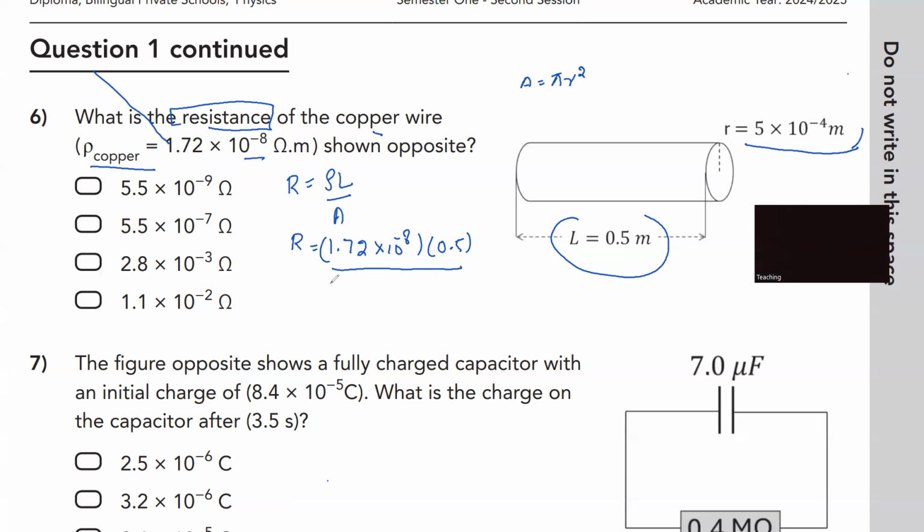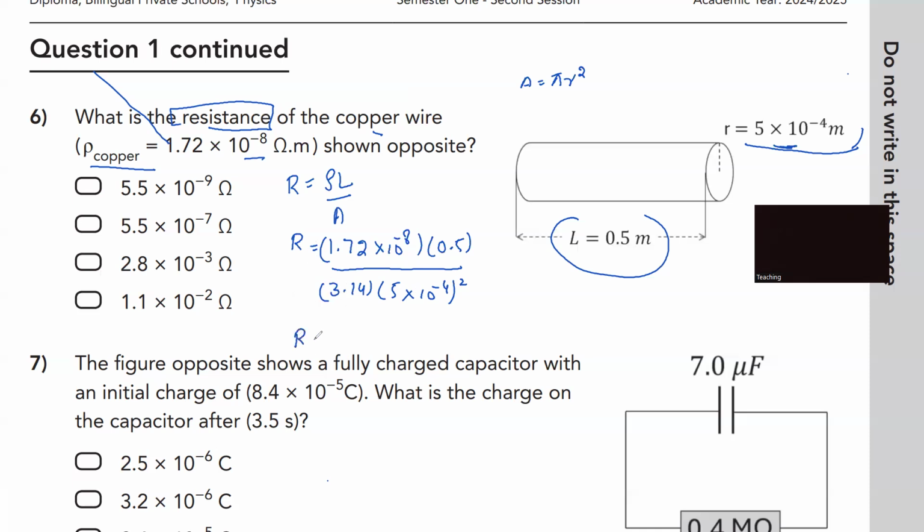Here pi is 3.14, and what is the value of radius? 5 multiplied by 10 power minus 4, squared. Now you have to solve further and you can get the answer.